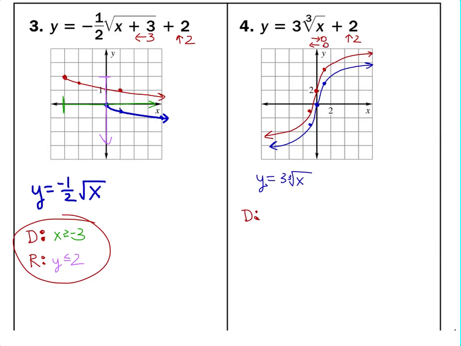Cube root graphs, like all cube root graphs, the domain is all real numbers, and the range is also all real numbers, although you get bonus dork or geek or awesome, whatever, same thing, points for writing domain is reals, range is reals.